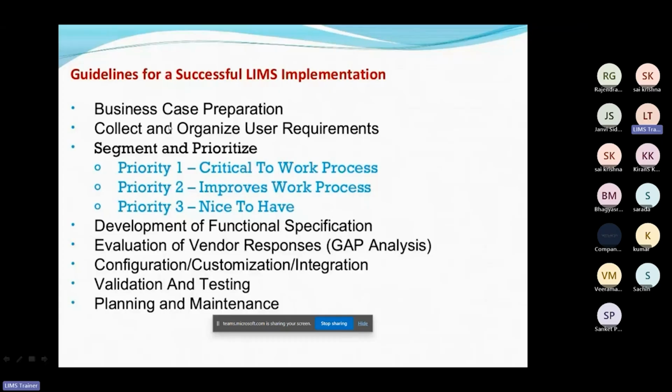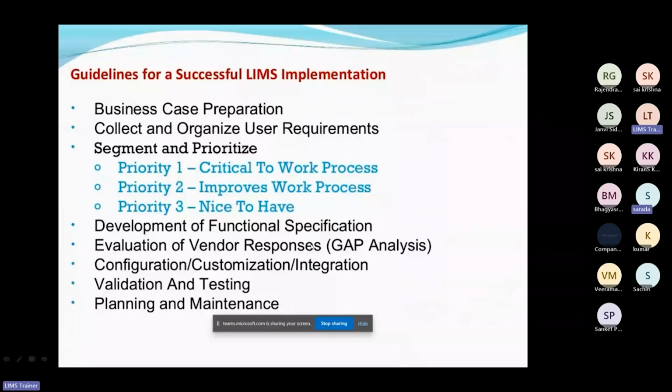We need to prepare a business case. After this, we need to collect the organization's user requirements. I will explain one by one, but let's go through each first. Then we need to prioritize the requirements of that laboratory. Then comes the development of functional specification.